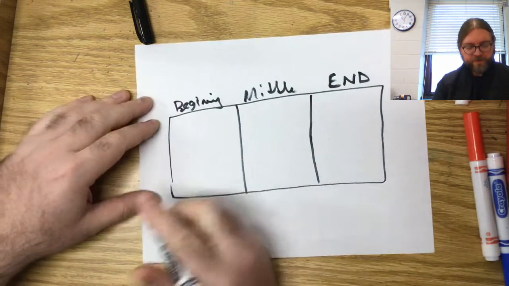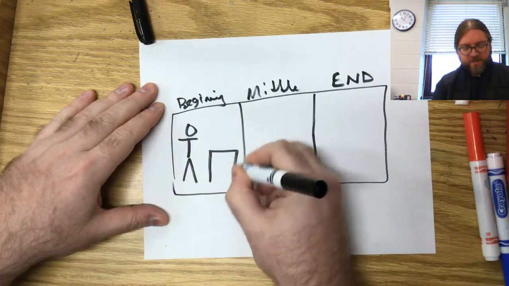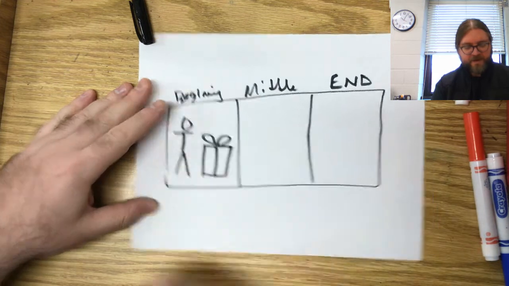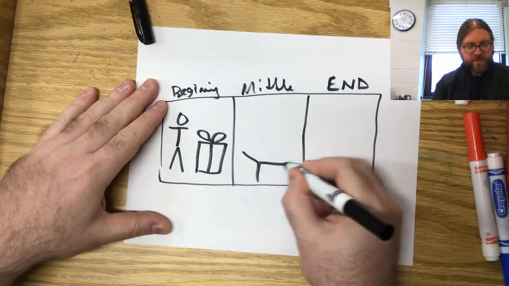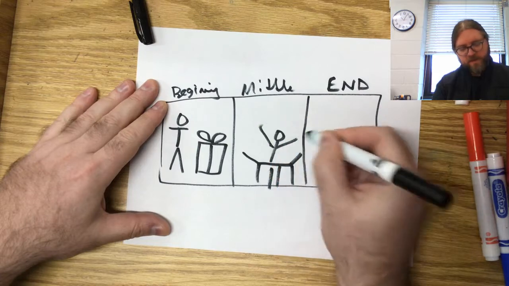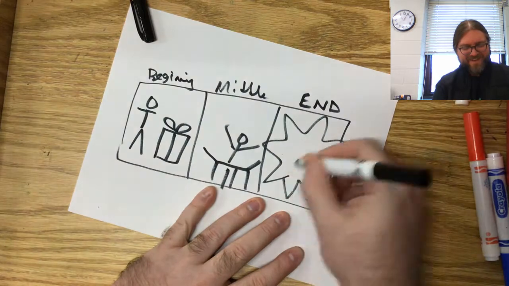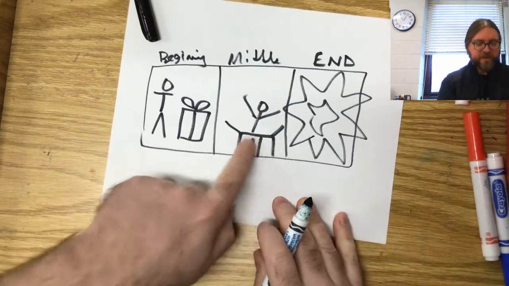So it could be, there's a man with a box, and he's like, oh, a present, and then he opens the box. And then it explodes. So you have your beginning, your middle, and your end.